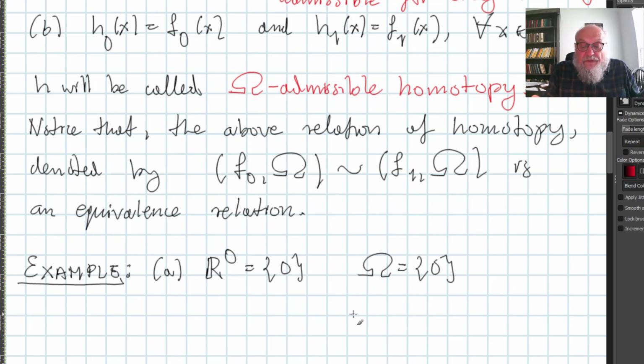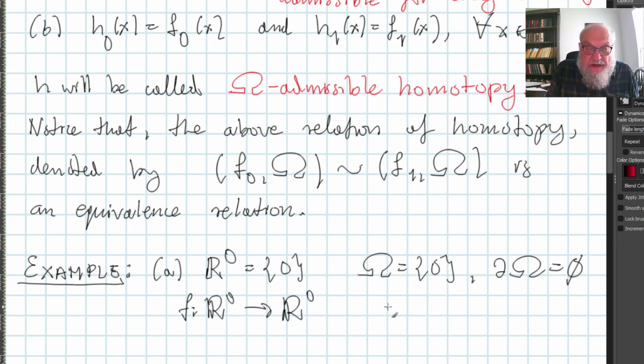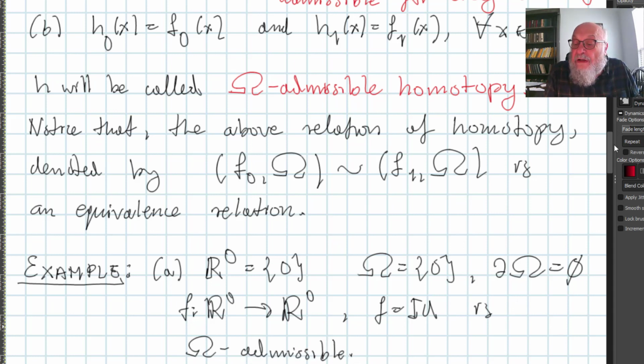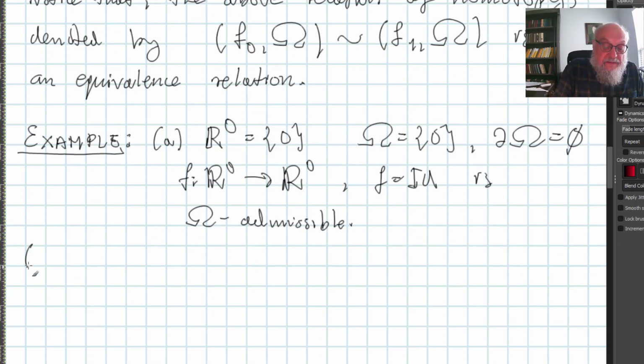It's open, and of course the boundary of omega in this case is empty. And any map from R^0 to R^0 must be the identity, meaning 0 goes to 0, and is admissible. So this is omega admissible. That's my first trivial example of an admissible pair.